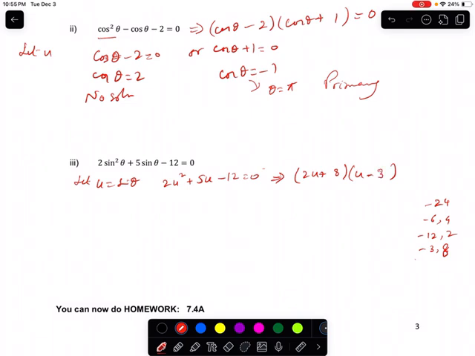So 2u plus 8 is equal to 0, or u. But this is giving negative 4, this gives me u is equal to 3. But we have sine of theta equal to negative 4 and sine of theta is equal to 3, so no solution.